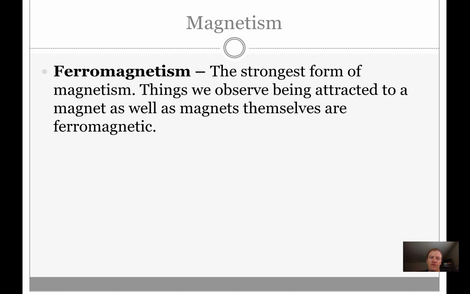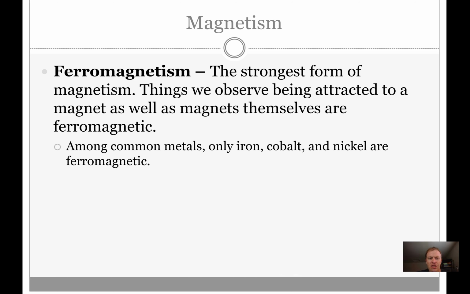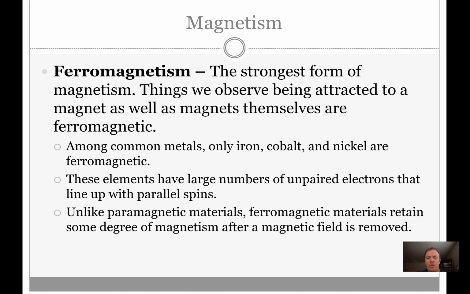And then the last type of magnetism, which is what you're thinking of when you think about magnetism, is ferromagnetism. Things we observe being attracted to a magnet, as well as magnets themselves, are ferromagnetic. It's actually only cobalt, iron, and nickel that are ferromagnetic, and they have large numbers of unpaired electrons. An electron itself is kind of like a little top with a magnetic field, and generally these fields are oriented in different ways and cancel each other out.